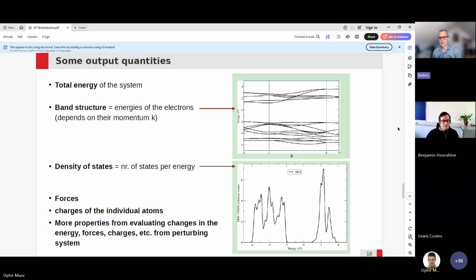And one simplified quantity, which is not that spaghetti-like, but the wavy thing with the mountains on the bottom, is a simplified picture of this band structure, more or less. Here you are not plotting each of the bands as a function of the momentum, the so-called k index, but you're just counting how many states you have in a certain energy window, and that's called the density of states.